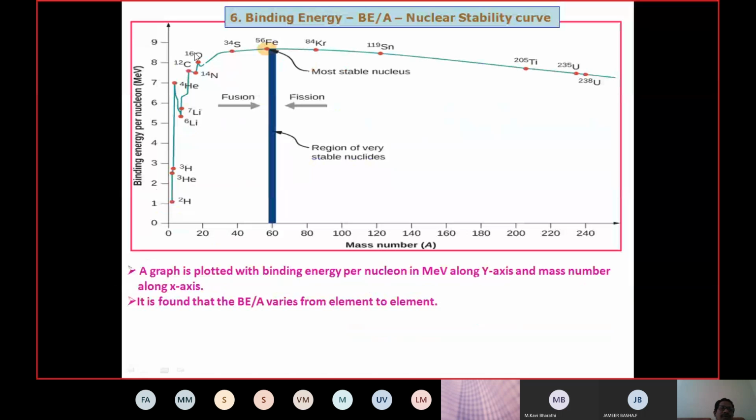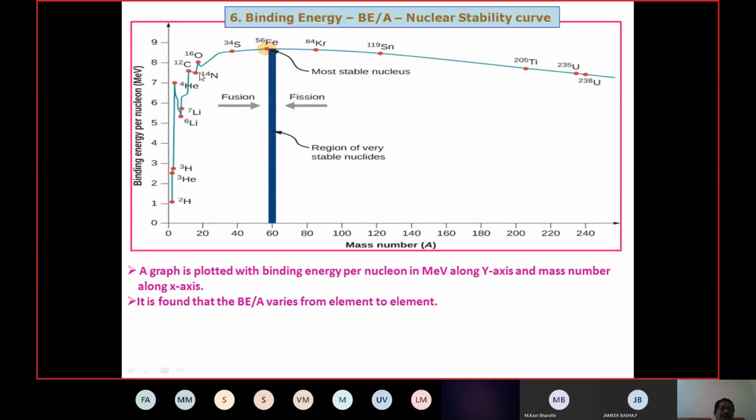The mass number is a multiple of 4, so these have sharp peaks in the binding energy per nucleon curve, whereas neighboring atoms such as lithium show some fluctuations in the binding energy per nucleon, around mass numbers 6 and 7 and mass number 14.